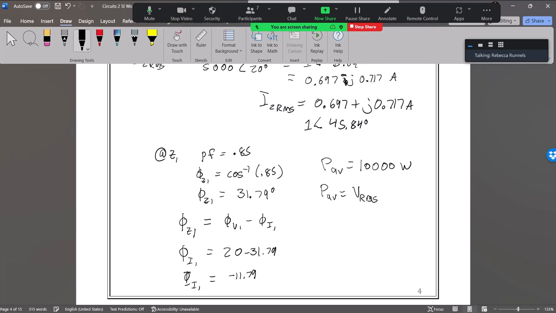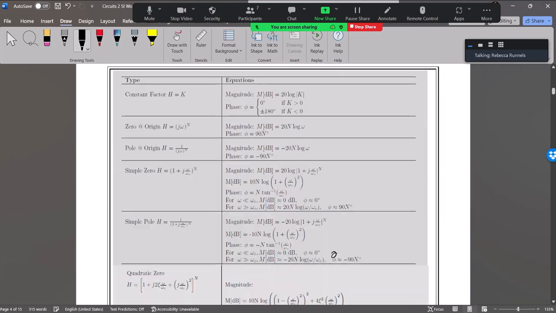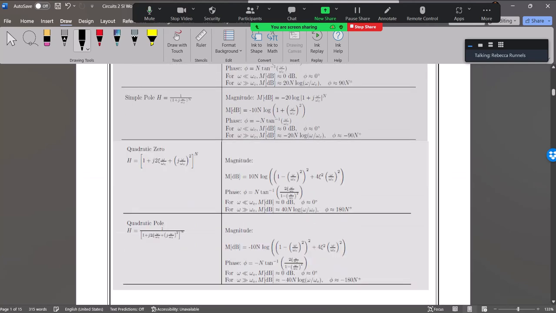These are magnitudes, so I don't have the angles here, but I got the angle just a minute ago, so that's okay.